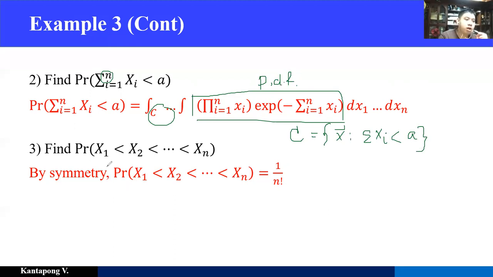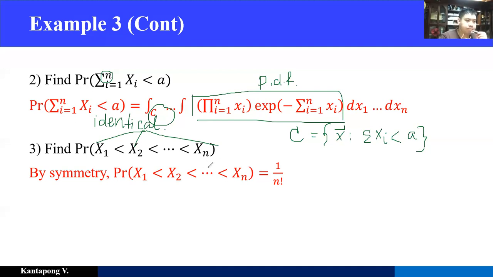And then find the probability that x1 is less than x2 up to xn. For this one, we can find the closed form solution because the variables are identical.